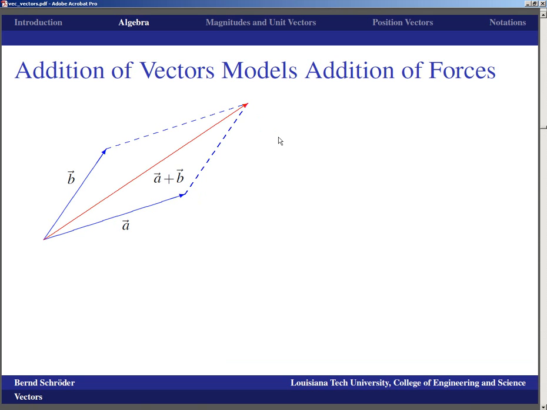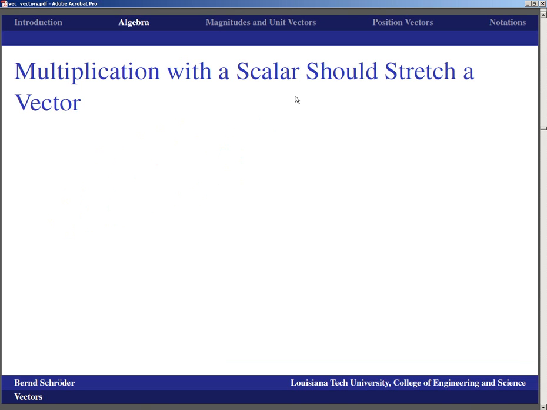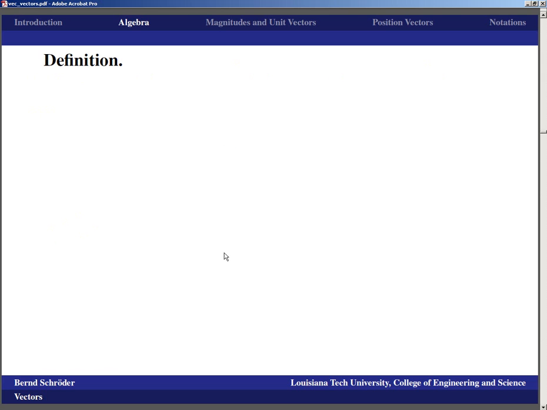And we're going to see how that works with the components after we are through all the definitions. We also want to multiply vectors with a scalar, and that should just stretch a vector. So if I've got a vector here, then a scalar multiple of the vector ought to be a longer or a shorter vector that is just lengthened or shortened by the stretch factor that is given by the scalar multiple.